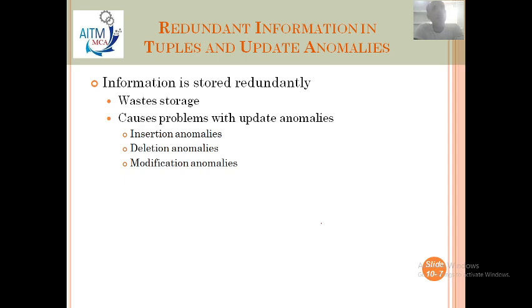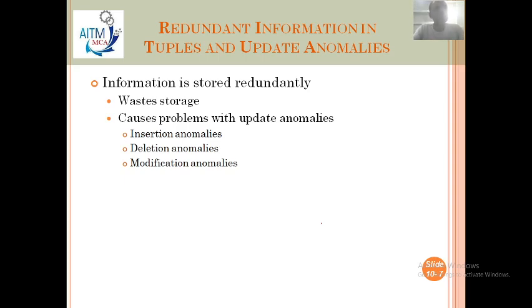Now, redundant means duplicate, again and again the same information. Redundant information in tuples and update anomalies. See here now, information is stored redundantly. What happens here? The same employee information is stored again and again.